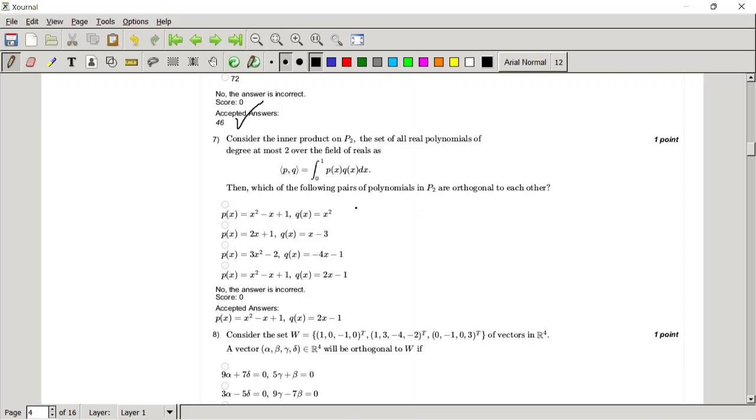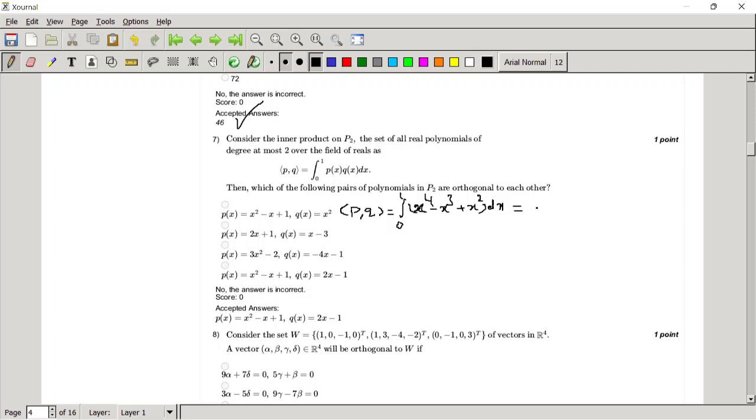So let me write here only. For the first option, we have that the inner product of P comma Q is equal to integration 0 to 1. By doing multiplication, we get x power 4 minus x cube plus x square dx.